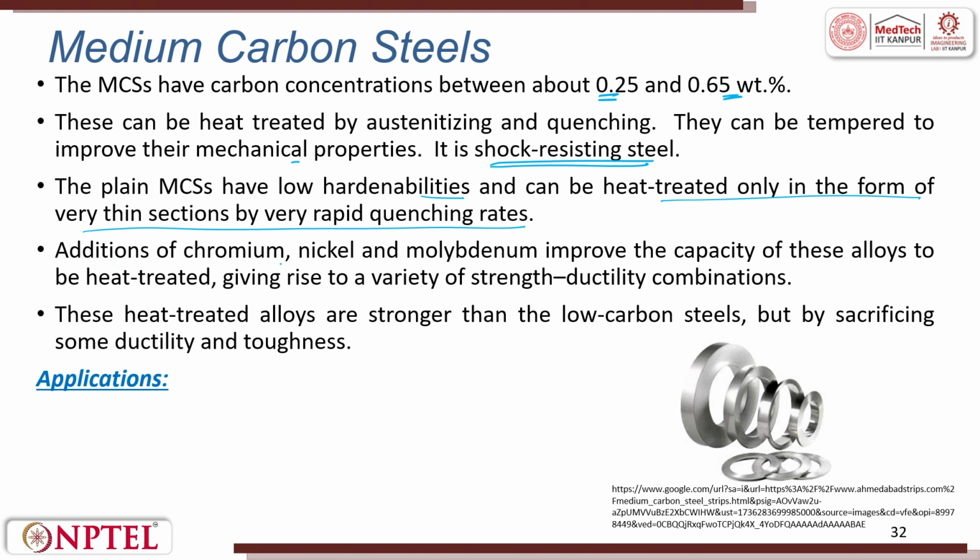The addition of chromium, nickel, molybdenum improves the capacity of these alloys to be heat treated, giving rise to a varied steel strength to ductility combination. These heat treated alloys are stronger than low carbon, but by sacrificing ductility and toughness. So, the application can be spring here.